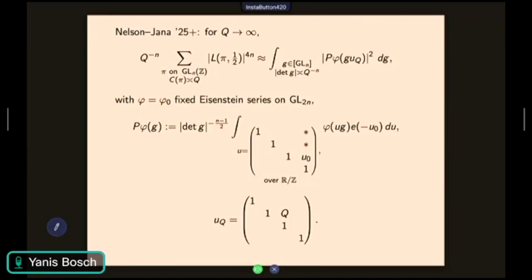We take its projection, and we restrict it to GL(N) after translating by some unipotent element that we'll call u_q. I pictured it here for n equal 2. We've basically shown that we can reproduce something like a 4nth moment over all automorphic representations with analytic conductor in some dyadic interval from a representation like this.